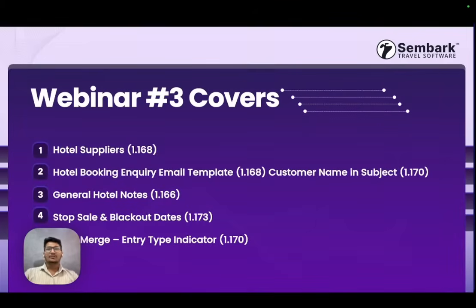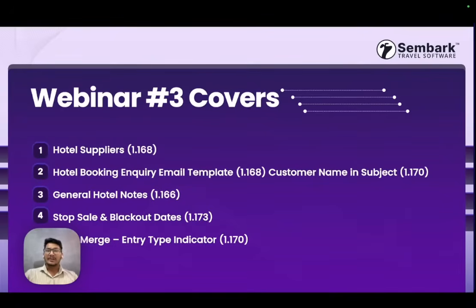In today's session, we will be covering hotel suppliers, where we will see how you can manage third-party hotel suppliers directly inside the system. After that, hotel booking inquiry email template. Along with that, customer name in the subject update. Then we will cover general hotel notes and stop sale blackout dates, which helps prevent accidental bookings on unavailable dates.